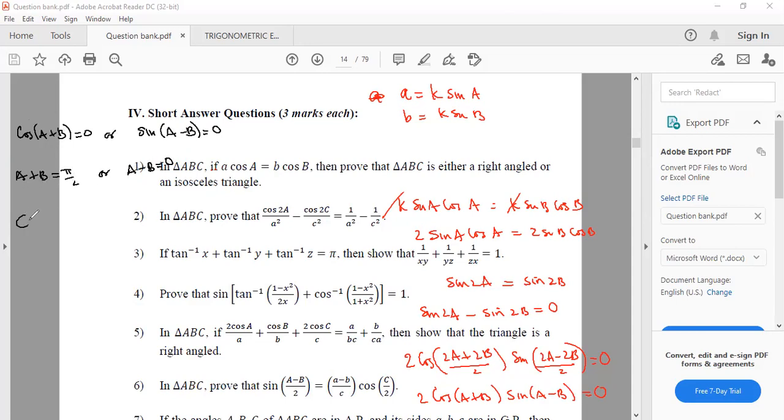A plus B pi by 2 matlab C is pi by 2, or A minus B is 0, and A is equal to B. So C is pi by 2 means triangle is right angle, or triangle is isosceles. Angle A and angle B are equal. So the triangle is either right angle or isosceles.